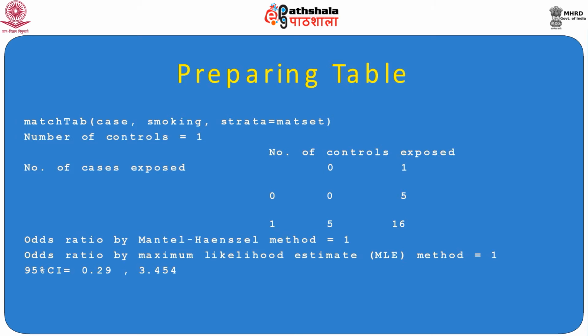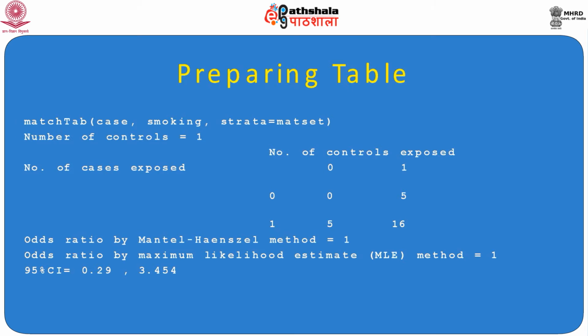Now the function mantelhaen.test we will use here. Here case smoking is considered with strata equal to matchset. Now the same table is formed. When we are using this function, as a result we are getting the odds ratio, obtained by the Mantel-Haenszel test, and the estimate of the odds ratio is coming as 1, and the maximum likelihood estimate is used here to get the odds ratio estimate with the confidence interval 0.29 to 3.454.